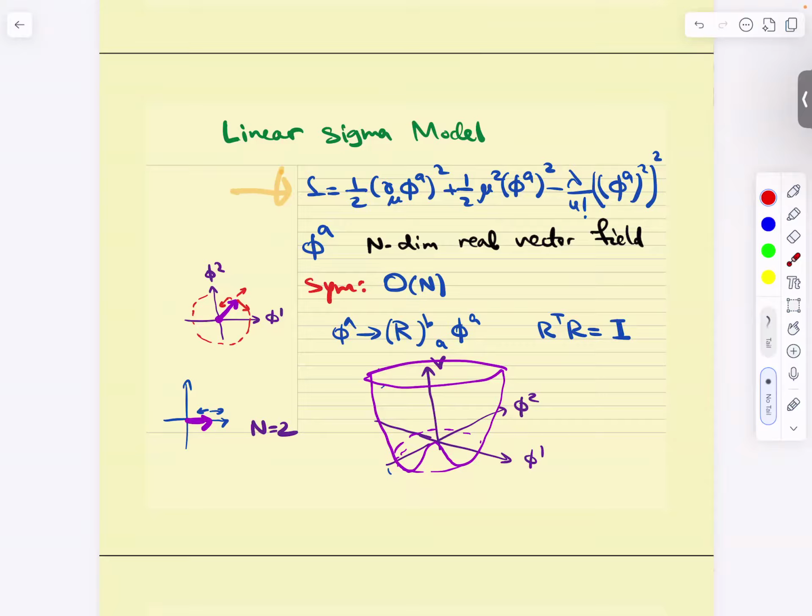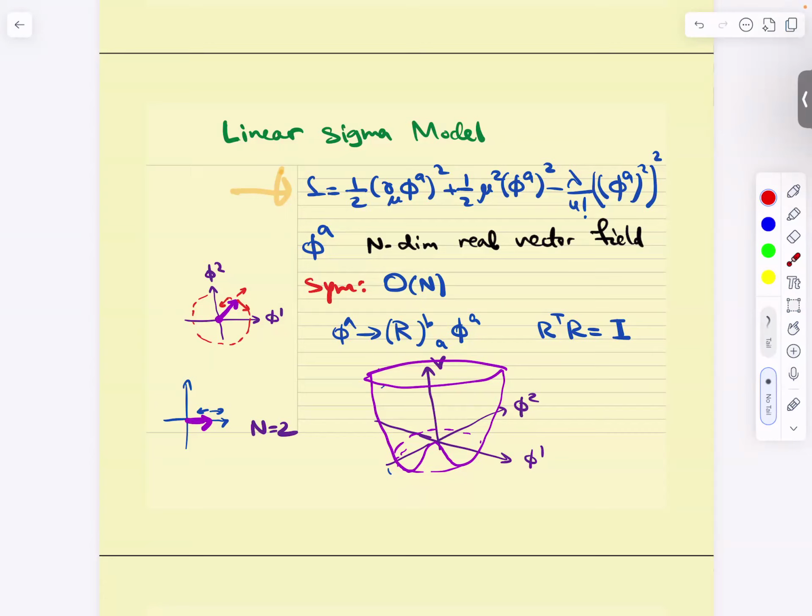What is the physical meaning of that continuum of vacua? If you have a field that oscillates down here, if I zoom in here, what does the potential look like for this oscillation? That's m squared phi squared, for some m squared.